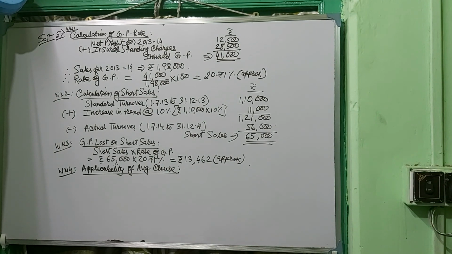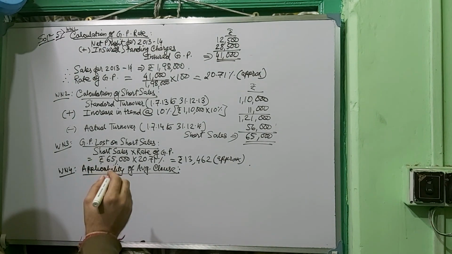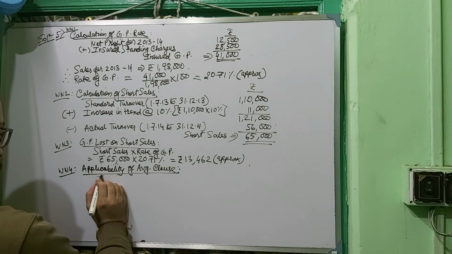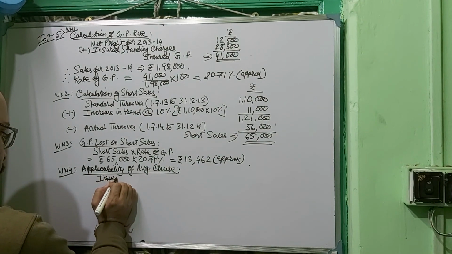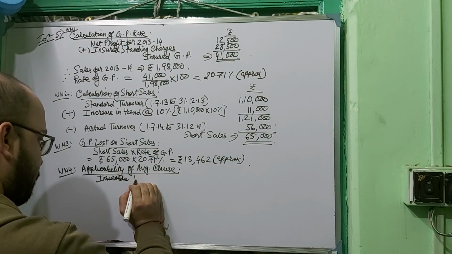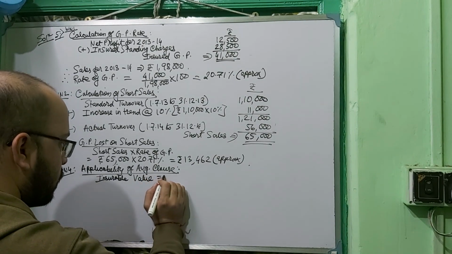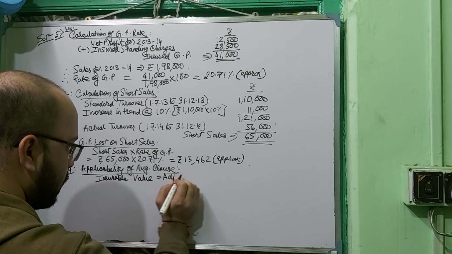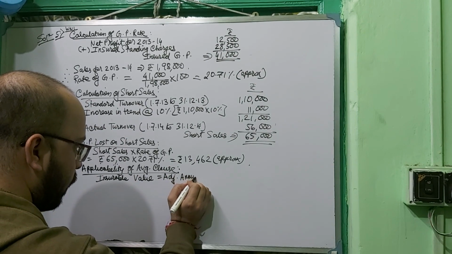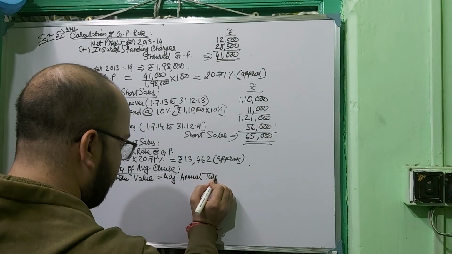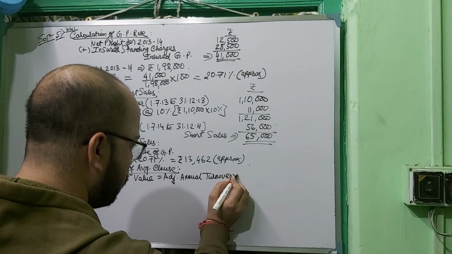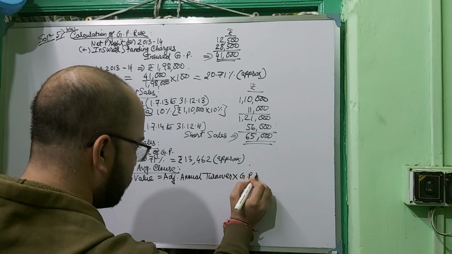Insurable value is equal to adjusted annual turnover into GP rate.